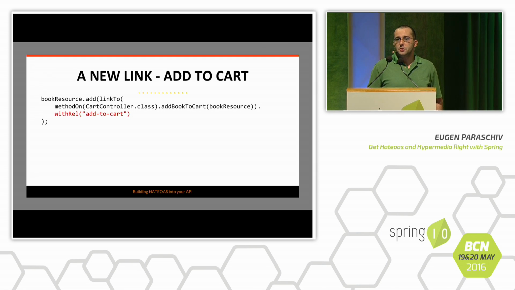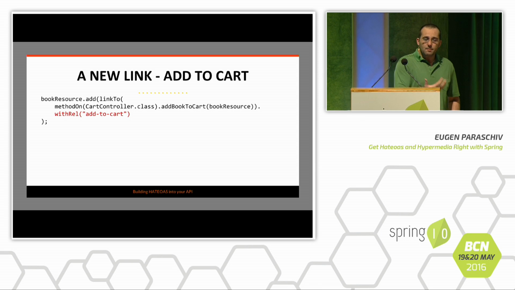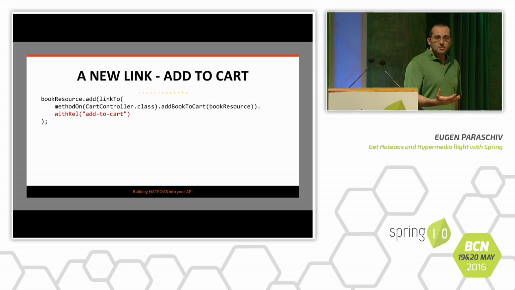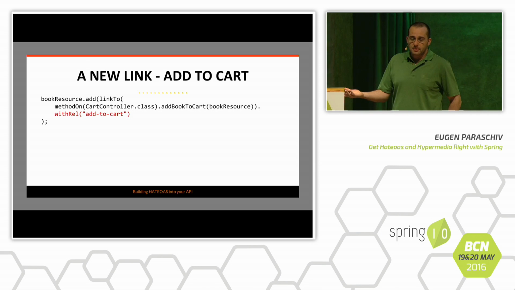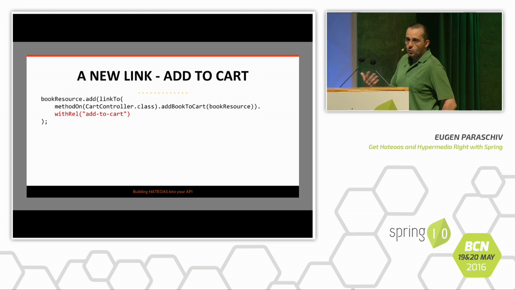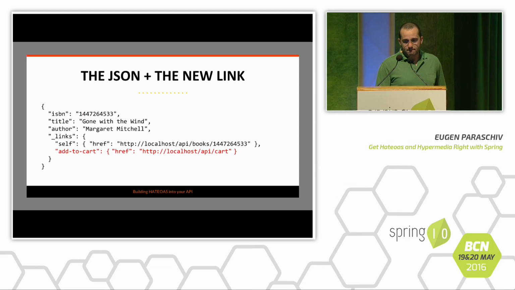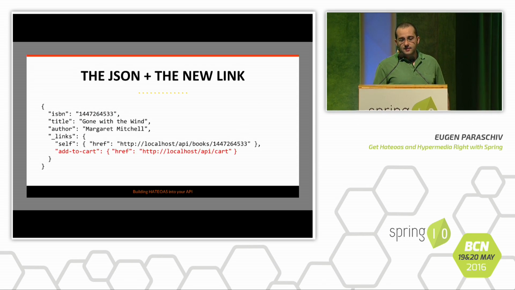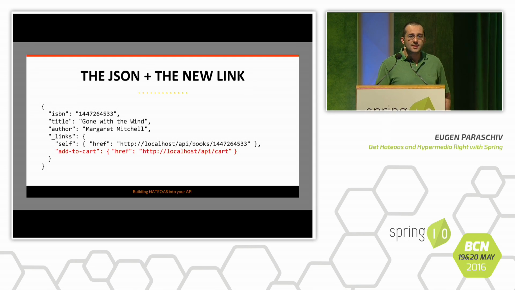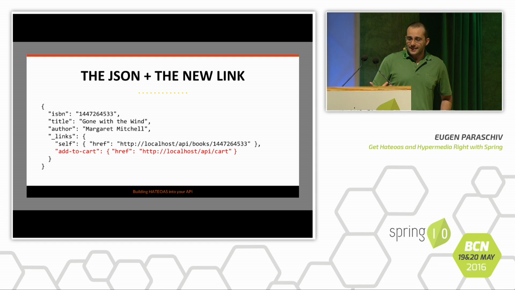Of course, I'm mentioning this because if the standard already defines a rel type that you can actually use, that's a better way to go. So this is the JSON plus the new link. This is the way that would look with the self-link, and now with this add to cart link. So basically, we're starting to see how these links are starting to shape up.